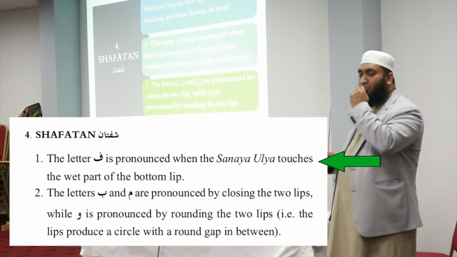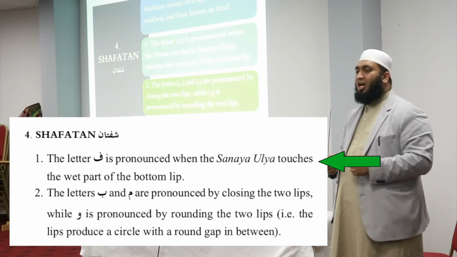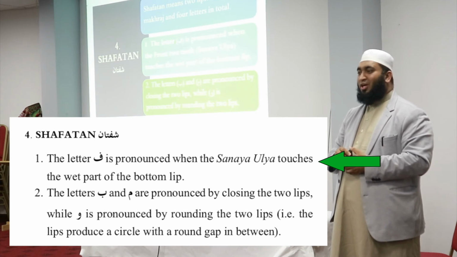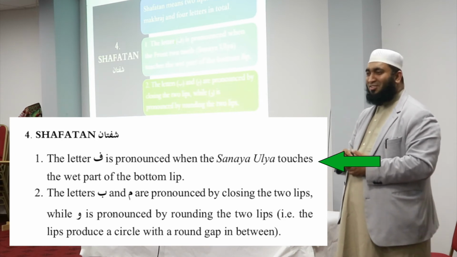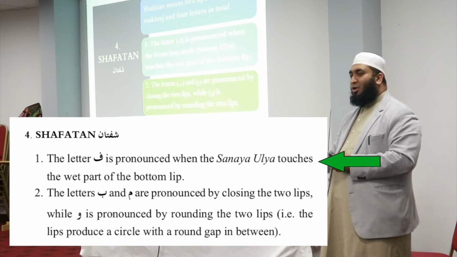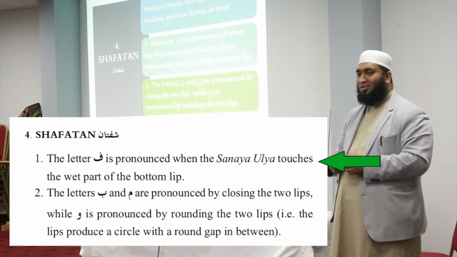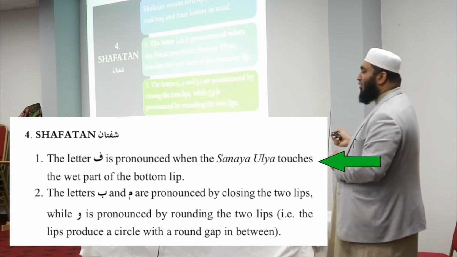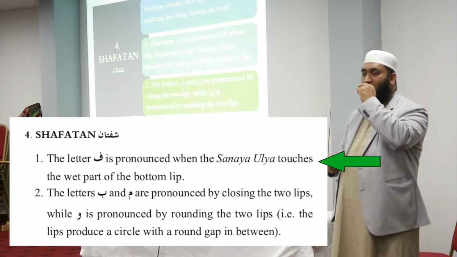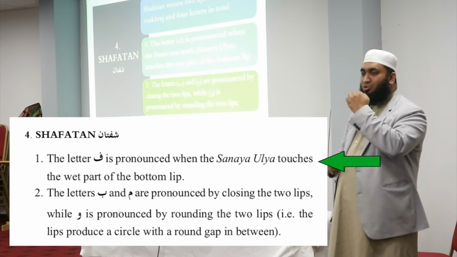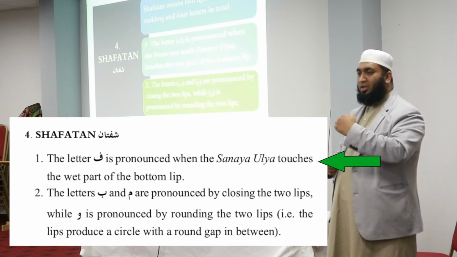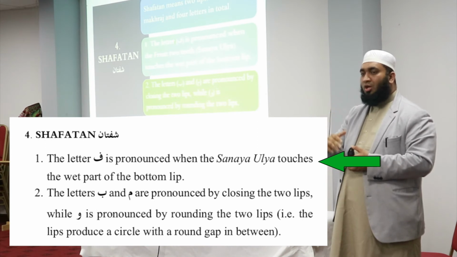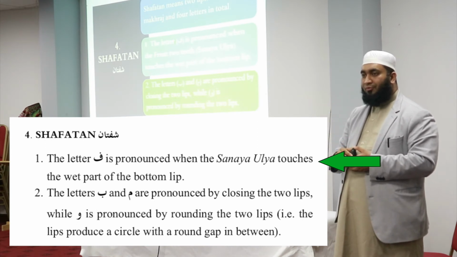The front upper 2 teeth are called Thanaya Ulya. If you don't memorize it now, you can memorize it, inshallah, because many of the letters are pronounced from the teeth. Thanaya Ulya means the upper front 2 teeth. Thanaya Sufla will be the bottom 2 teeth. The breath should continue.